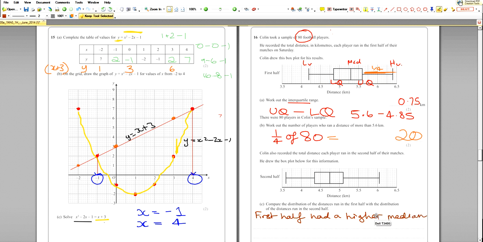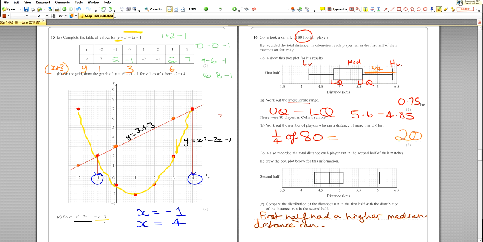What is the median? It's the median distance run by a player. So: the first half had a higher median distance run.